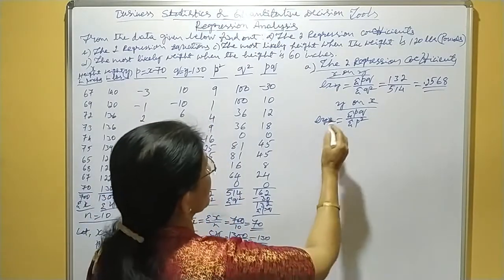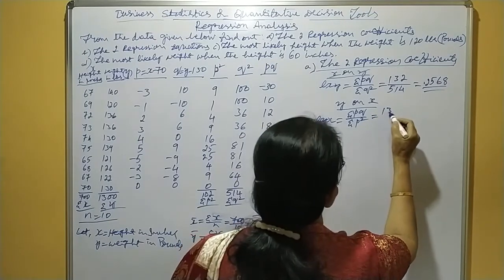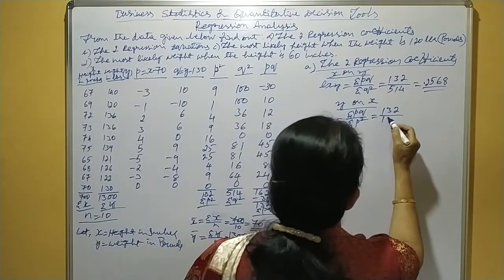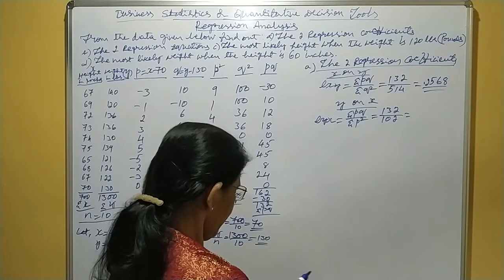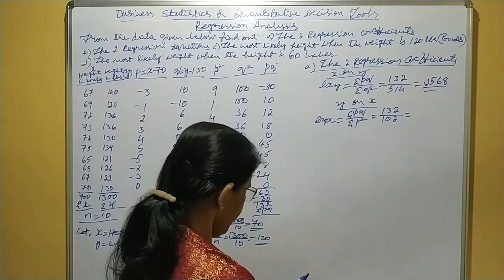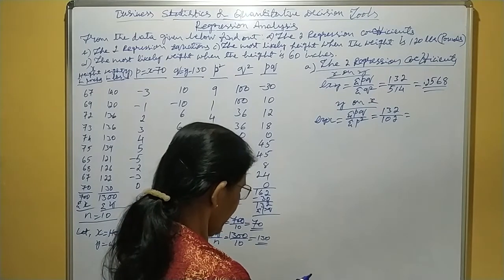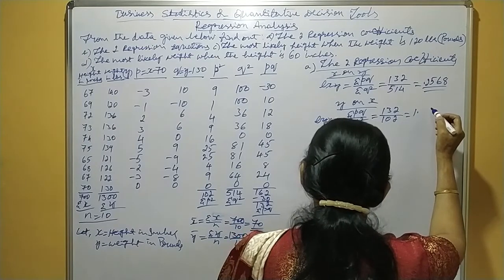Now next one is y on x, byx equals sigma pq, same 132, then sigma p square, 102. 132 divided by 102 comes to 1.2941.